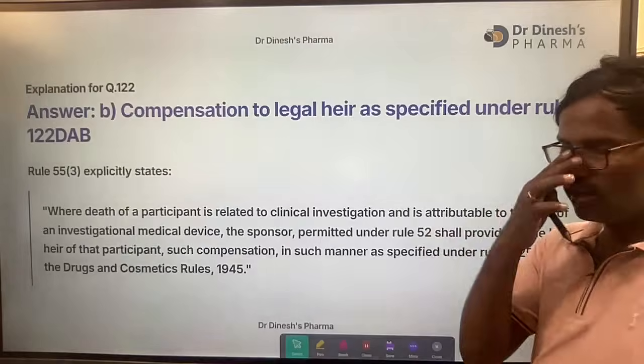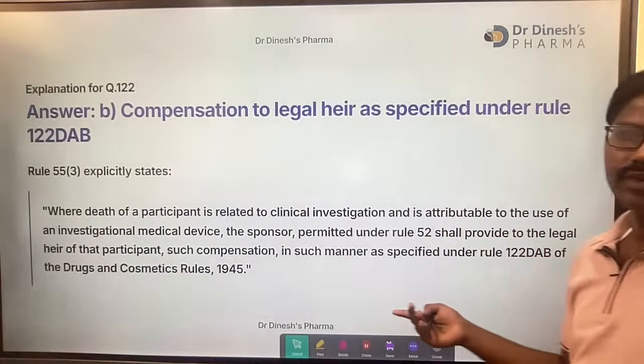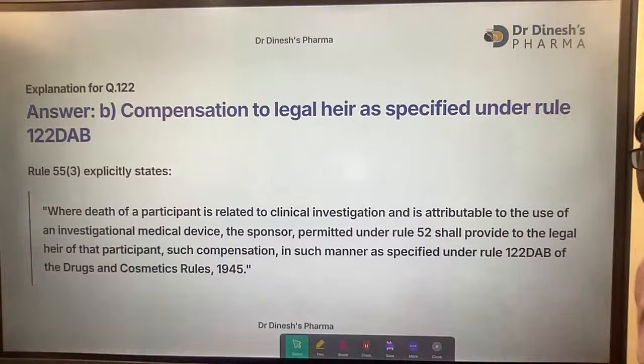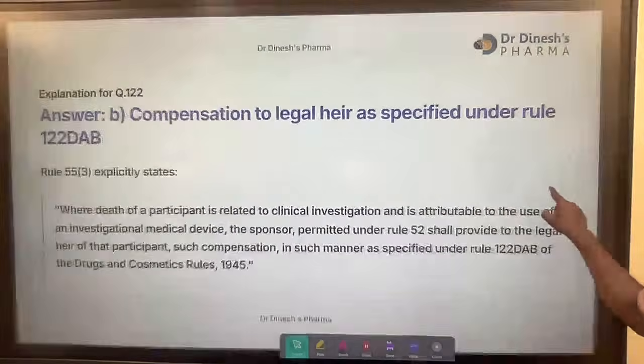So this particular rule, okay, connects with the D&C Act. Okay, it connects the D&C Act and medical devices. It's a junction rule. Okay.